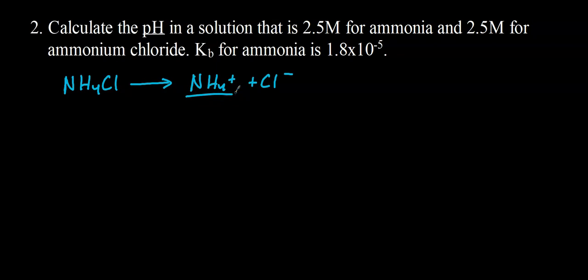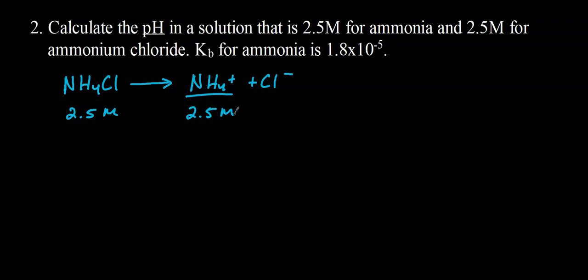Not only do we care about the ammonium that's in that solution, we care about its concentration. So it says we have a 2.5 molar solution of ammonium chloride. And what's important to know there then is because of the 1-to-1 ratio of ammonium to ammonium chloride, the concentration of ammonium is also 2.5 molar.